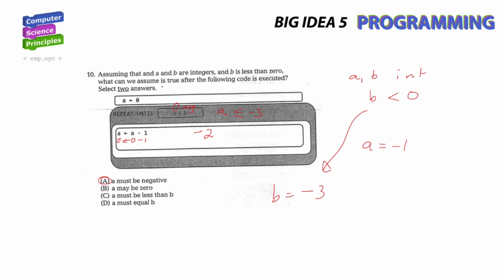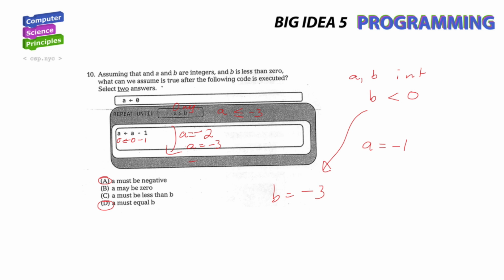So is negative 2 less than or equal to negative 3? Nope. So it runs and it does this stuff. And then a becomes negative 3. And is negative 3 less than or equal to negative 3? Well, it's equal. And so this whole repeat will stop when they are both equal. So a must equal b is the other answer. So a and d are the correct answers for 10.